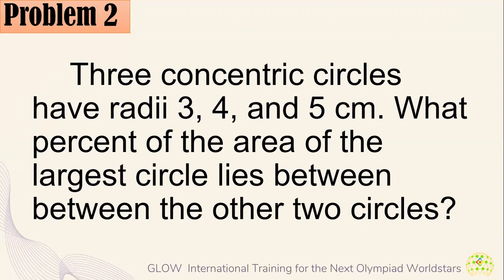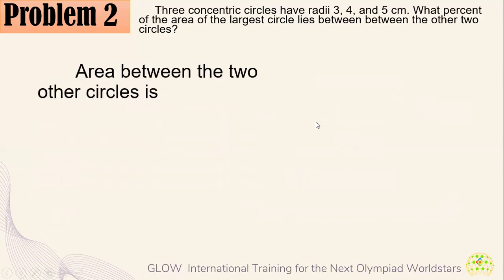In this case, the largest circle has a radius of 5. And therefore, the area that we're looking for is between the circles with radii 3 and 4. And what percent of the area of the circle with radius 5 cm is that? To do such, it's important that we get the area between the two circles with radii 3 and 4 cm. We know that the area of a circle is pi r squared, right? So we have here pi times 4 cm squared, which is the area of the circle with radius 4.